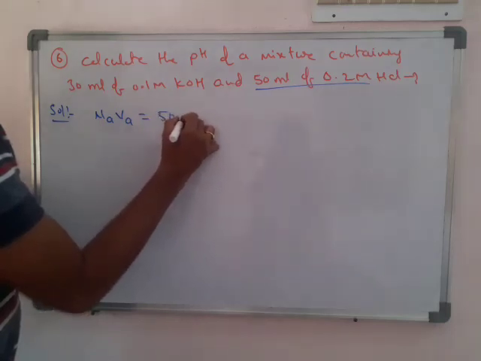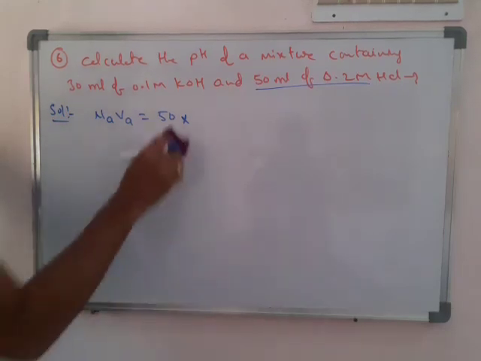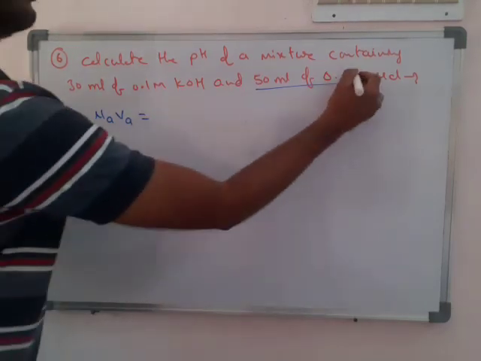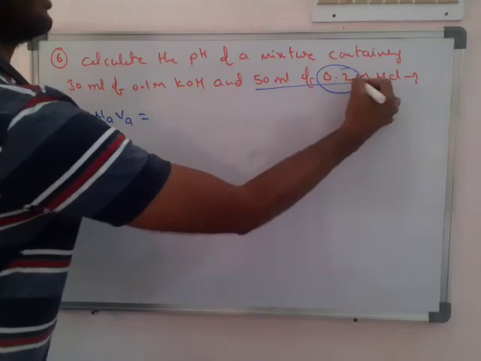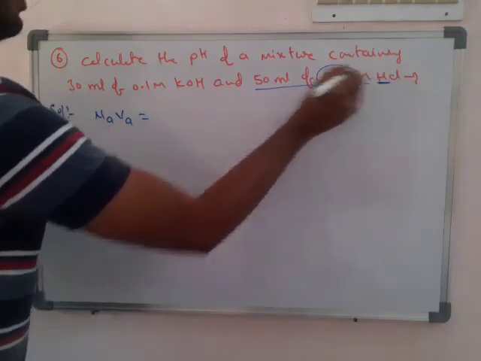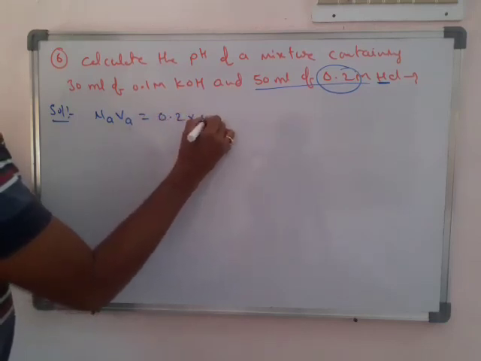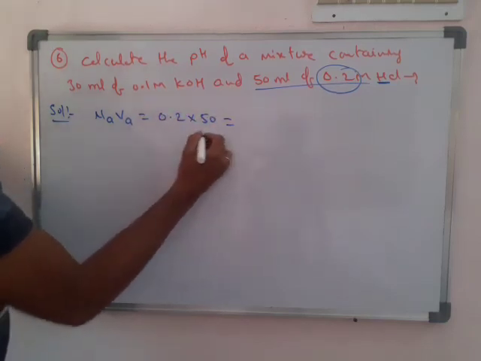What is the molarity? Normality, actually. Molarity and normality are equal for HCl because its basicity is only 1. So volume 50 into 0.2.